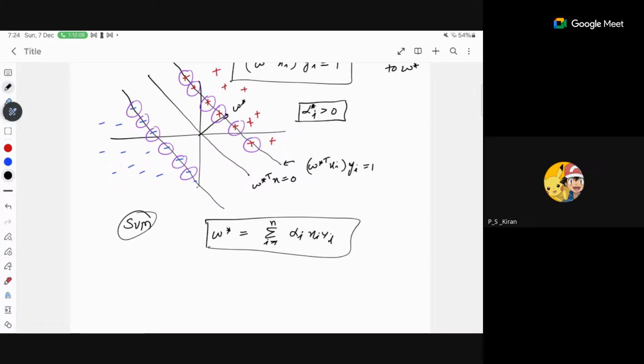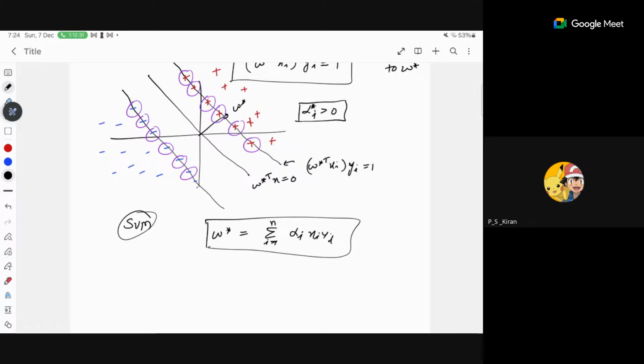So only those points for which alpha i star is greater than 0 are the support vectors. That need not be necessary for all the points. I think we are not discussing this now; next week we are discussing it. But that is correct.